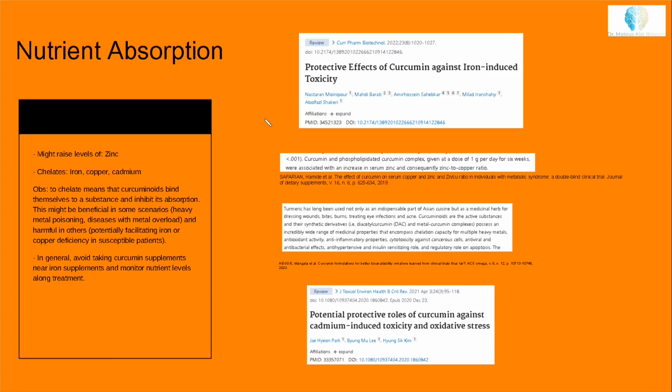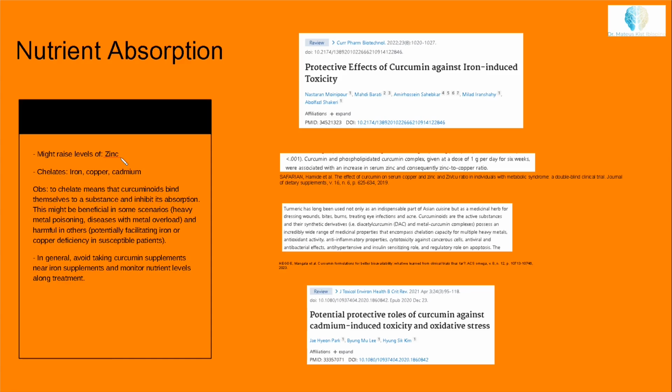But what I found the most evidence about, the greater number of studies about, was the effect of curcumin on the levels of metals, particularly zinc, iron, copper, and cadmium. Overall, curcumin might increase the blood levels of zinc, and curcumin might chelate iron, copper, and cadmium.